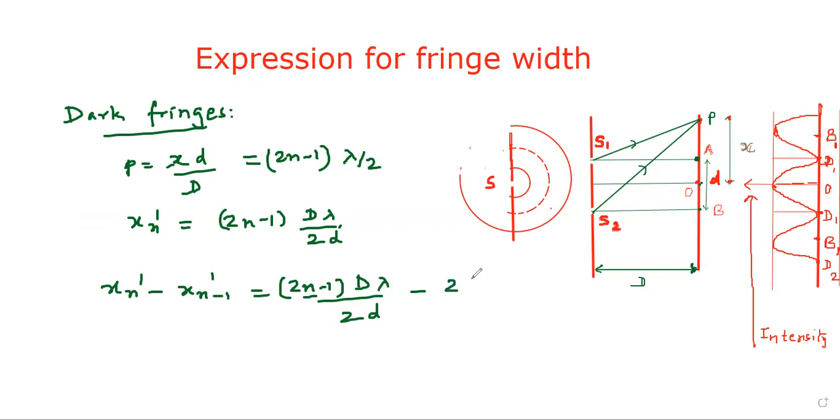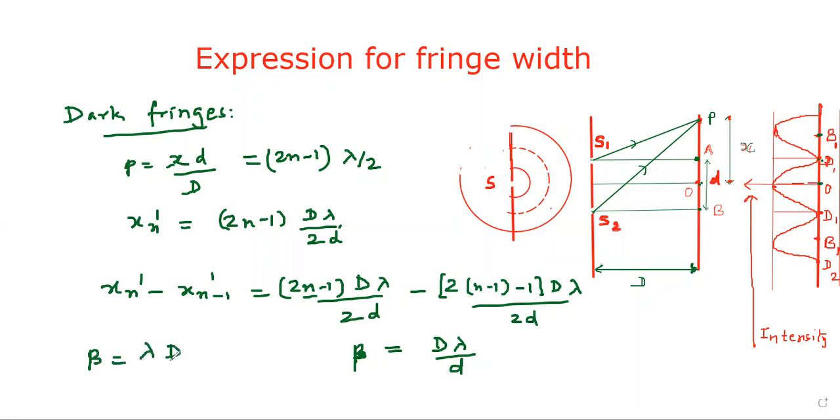So that will give lambda D divided by small d, which is beta. So whether we calculate it in case of bright fringes or dark fringes, fringe width remains the same. So the difference between two dark fringes, or the distance between two bright fringes, will be the fringe width. So we have got the final expression for fringe width beta equal to lambda D divided by small d.